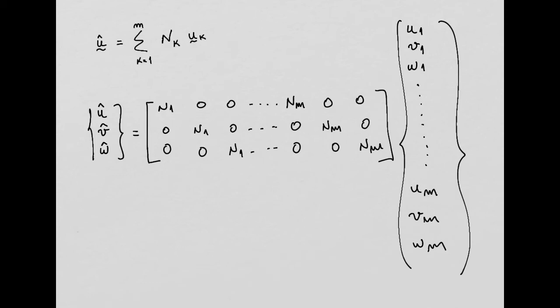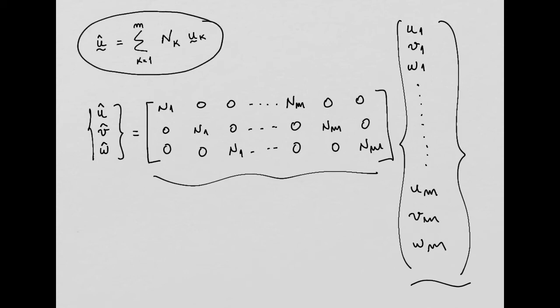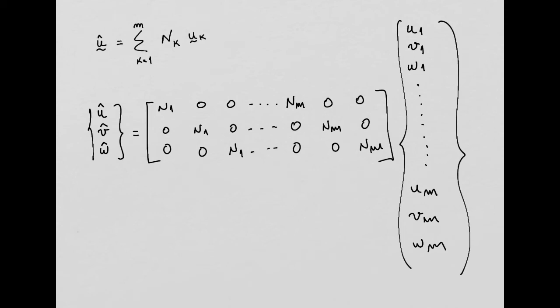So if you do the multiplication of this matrix with this vector, basically you are doing this summation that you have here that allows you to obtain your approximated displacement field. Okay? This matrix is also known as the matrix of the shape functions.